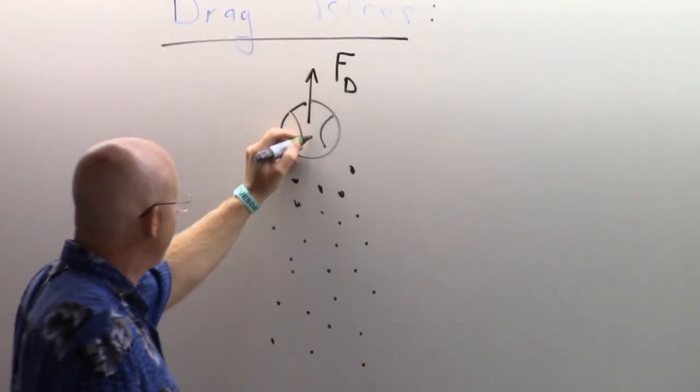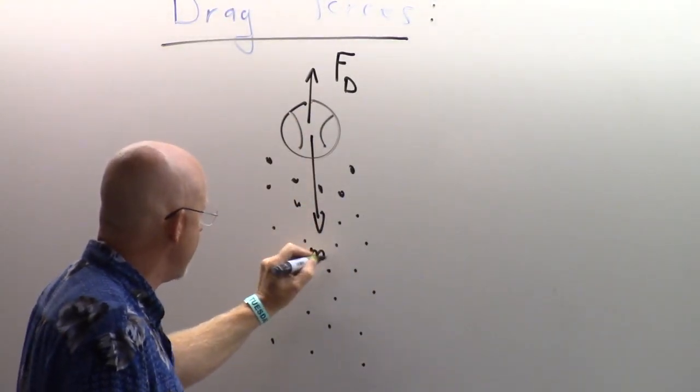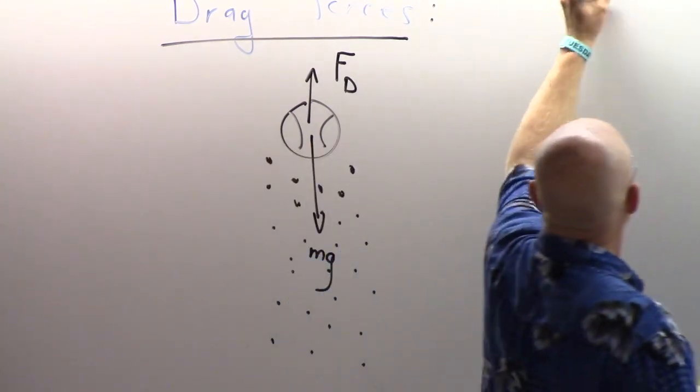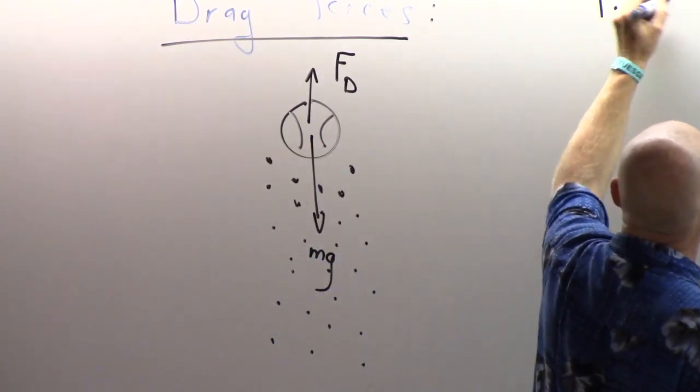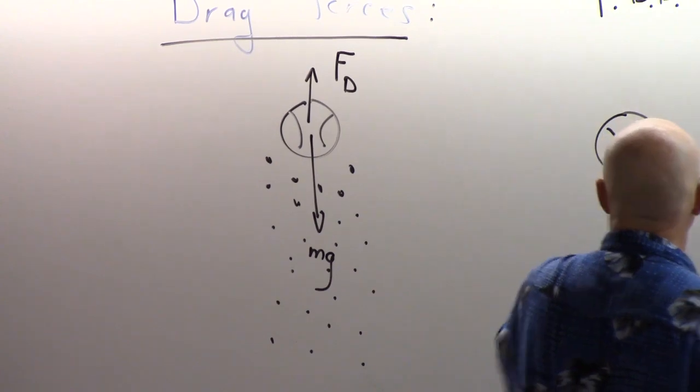And so if I were to do a free body diagram here, and I just drop a ball, I would say the forces are gravity and everything touching it. And in this case, the only thing touching it are the air molecules. That is the drag force.